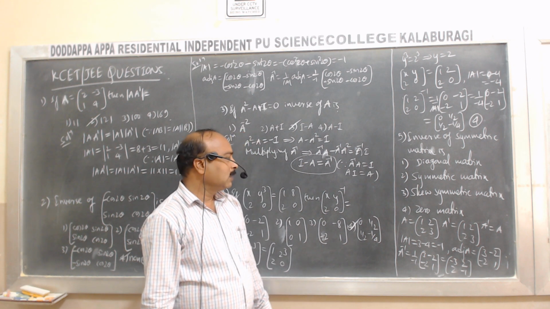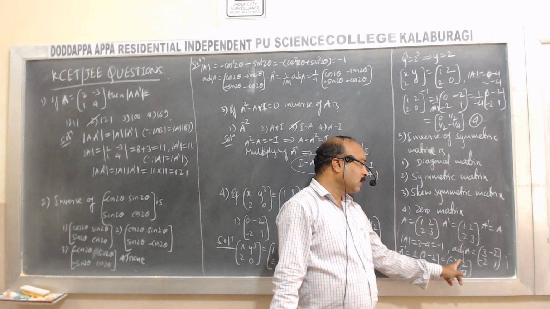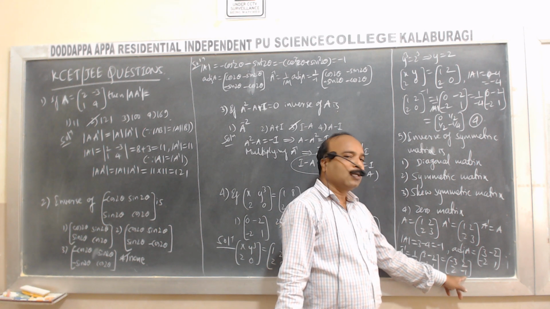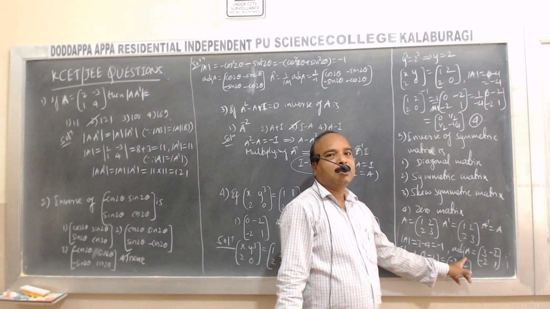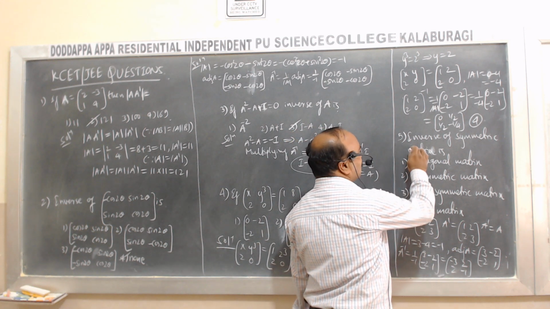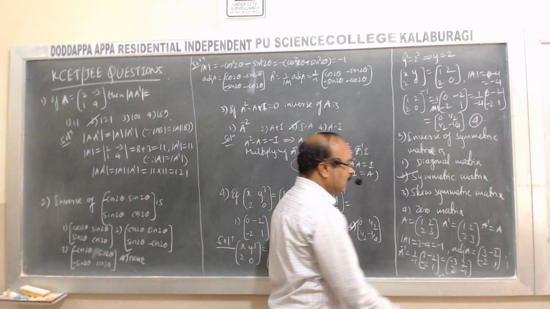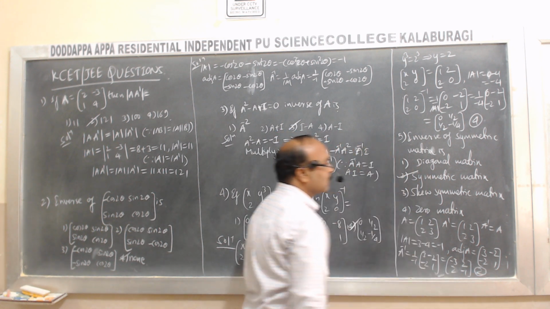Now if we check the symmetry of this, if we transpose this matrix [minus 3, 2; 2, minus 1], we get again [minus 3, 2; 2, minus 1] only. Therefore it is symmetric. Therefore the inverse of a symmetric matrix is a symmetric matrix. It is the second option.